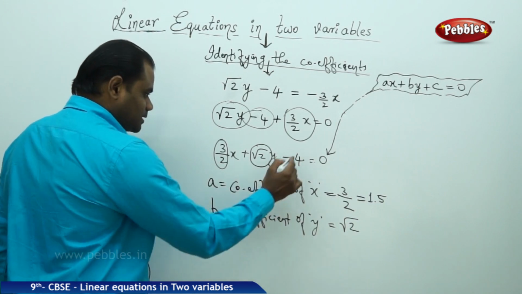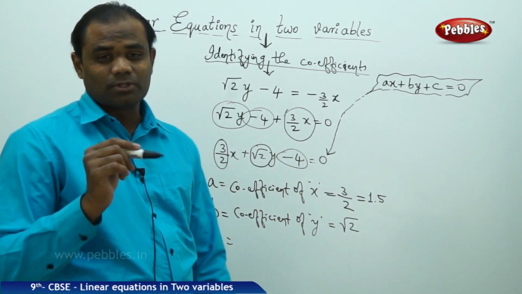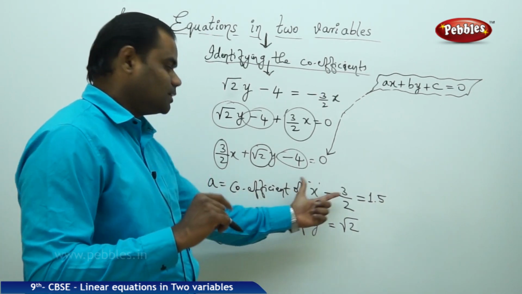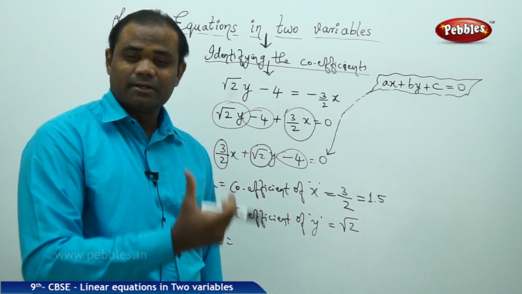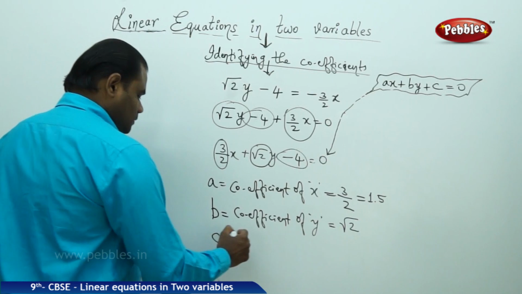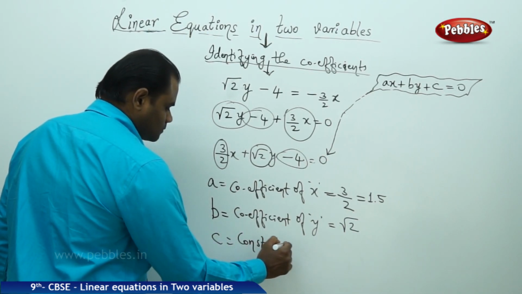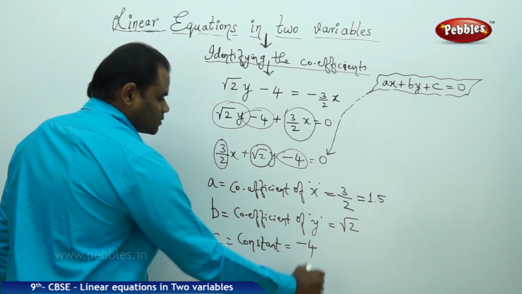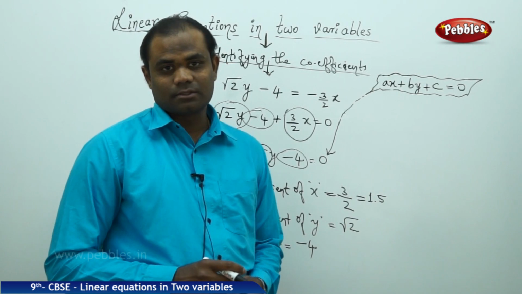And my c is clearly the constant, including the sign. Do not forget to put the sign for a, b or c for the respective coefficients. Coefficients carry their sign, positive or negative, as given. And c is the constant, which is minus 4. Therefore a is this, b is this and c is this.